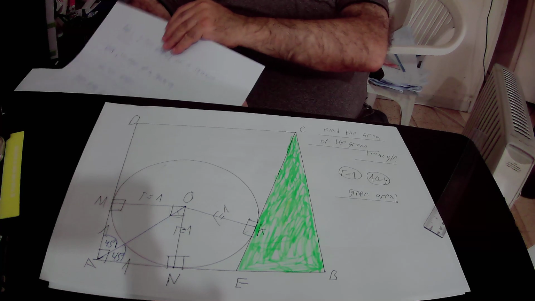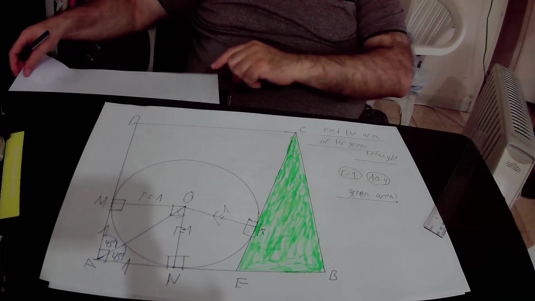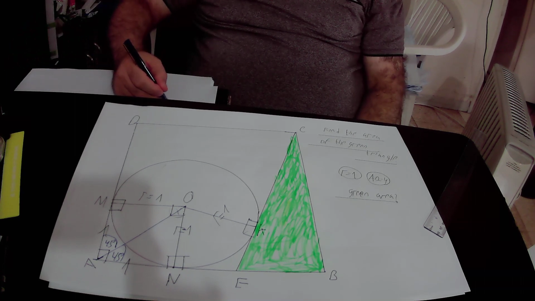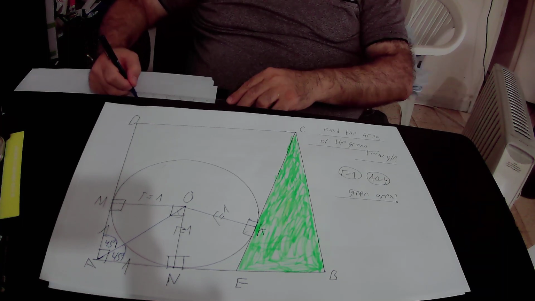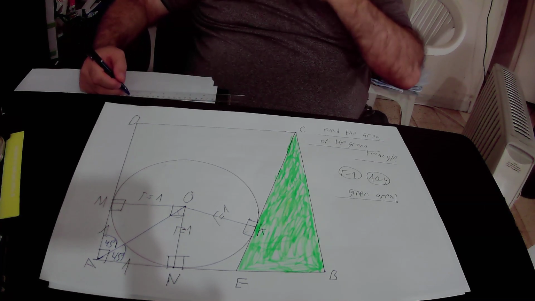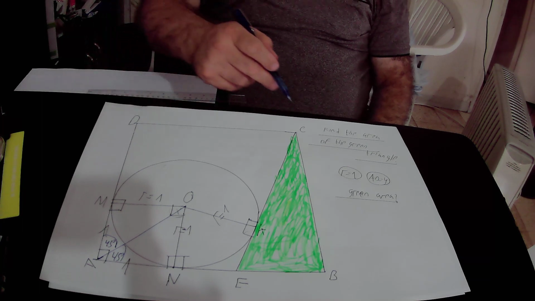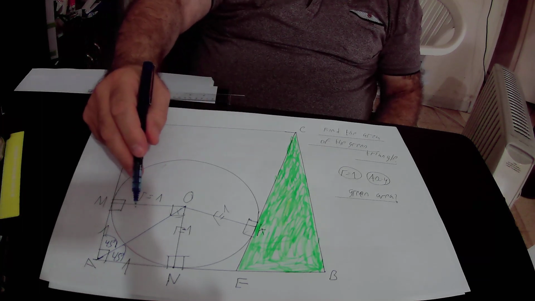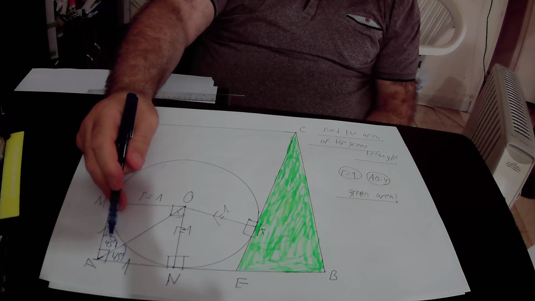Likewise, if we focus on square ABCD, according to rule number 6, the diagonal CA divides this angle into two angles of 45 degrees.